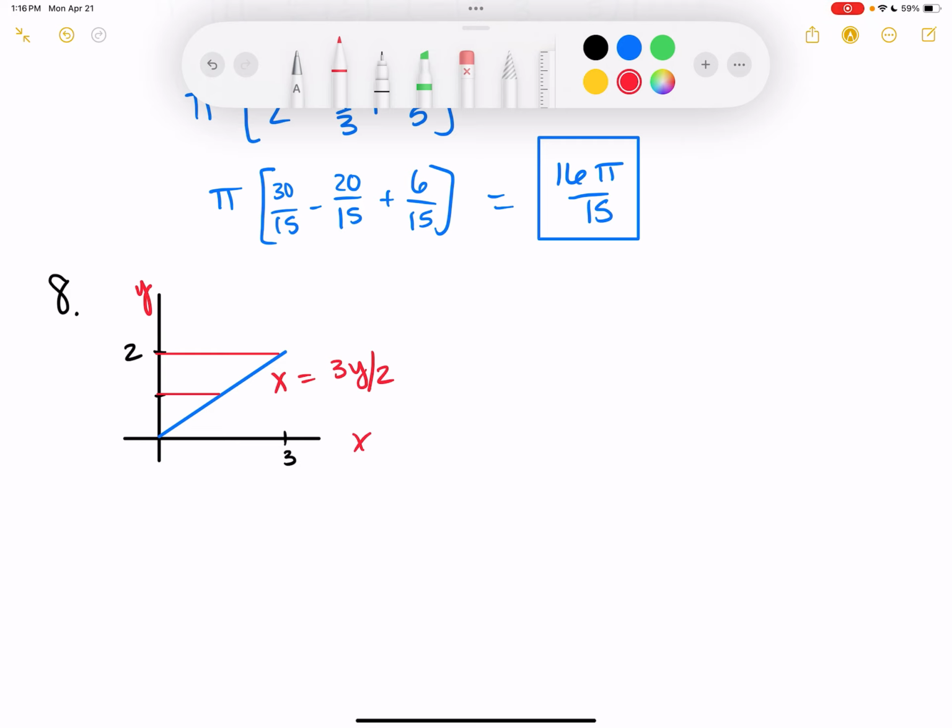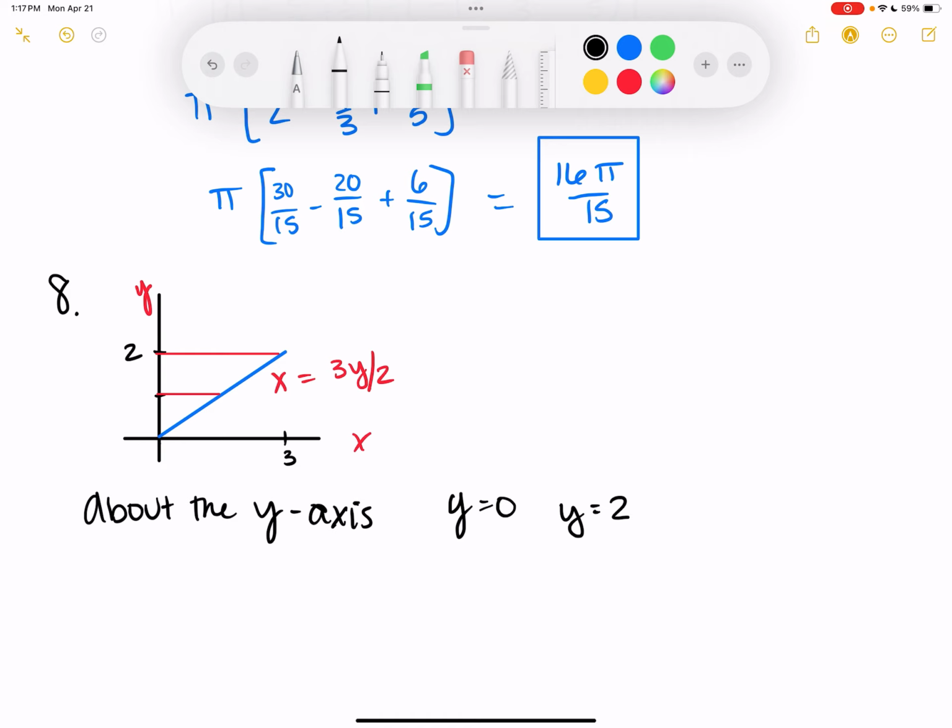So number 8, we're doing this about the y-axis. So that tells me my parameters are from 0 to 2. Now, it's not specified.